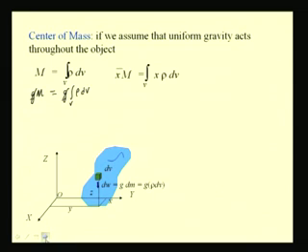And now we can take the moments of this mass and equate it to the moment of these differential mass elements, that is dm. So, we have x bar m is equal to integral v x dm, which is rho dv.